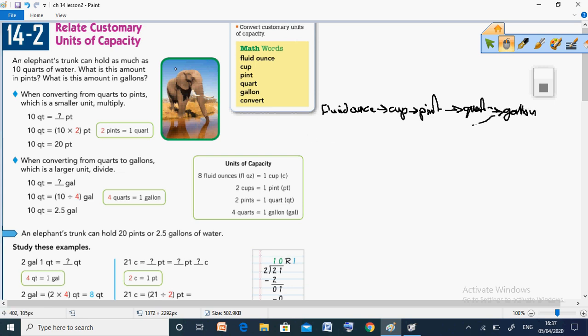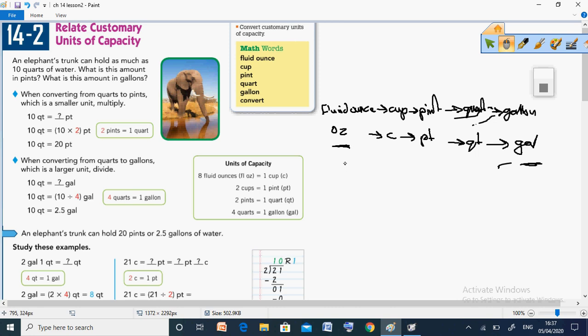Here I can represent them using letters: oz for fluid ounce, cup C, pint PT, quart QT, and for gallon is gal. So the smallest one is oz and the largest one is gallon.